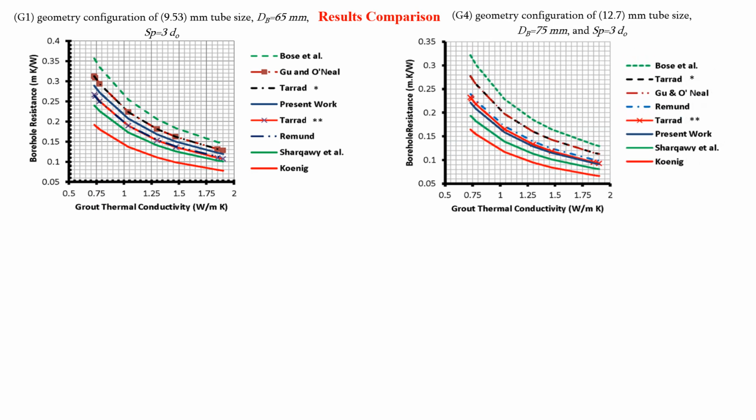We have almost the same behavior for the geometry G4 when the tube diameter is 12.7 millimeter, D bore equals 75 millimeter, and SP 3 D naught. And again, it showed the same variation as the thermal conductivity increases. The specific thermal resistance of the borehole showed a decrease, and the highest was predicted by Bose-Etal, and the minimum was predicted by Koenig.